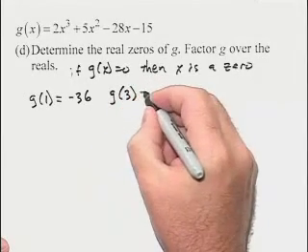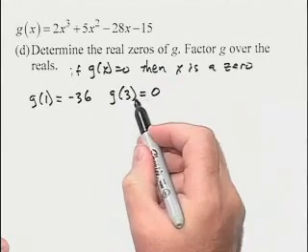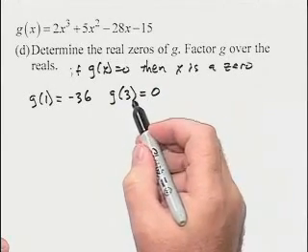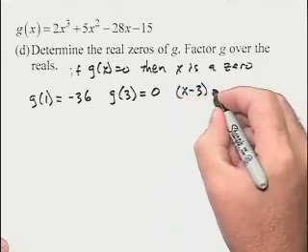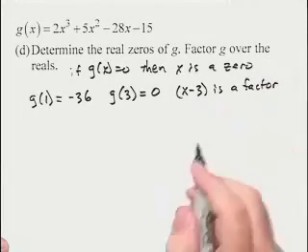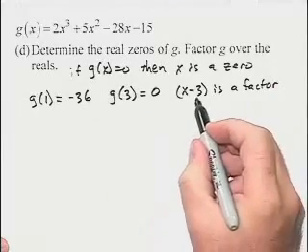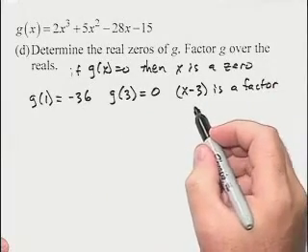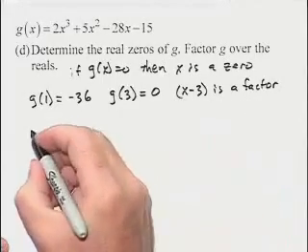We evaluate g of 3, we get 0. Since g of 3 equals 0, we know 3 is a 0 of the function. Therefore, x minus 3 is a factor. Since we know x minus 3 is a factor of g, we can divide g by x minus 3 and get a reduced polynomial. To do that, we need to use long division.